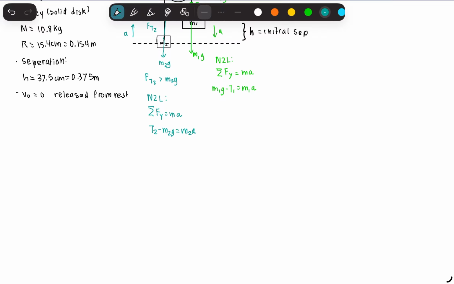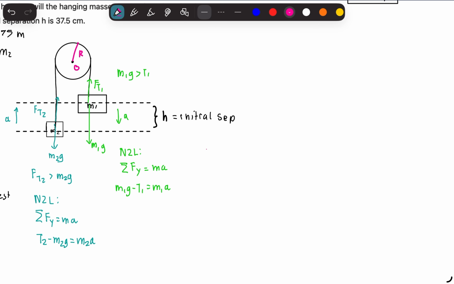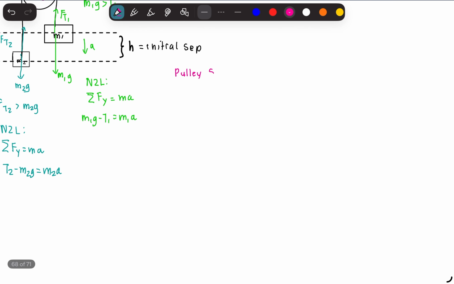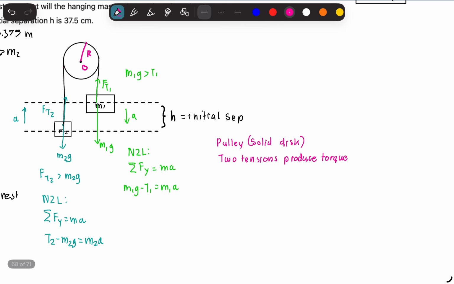Now, we can write for the FBD of the pulley. Well, we can just write this with equations. We know that the two tensions will produce torque because they're like this.